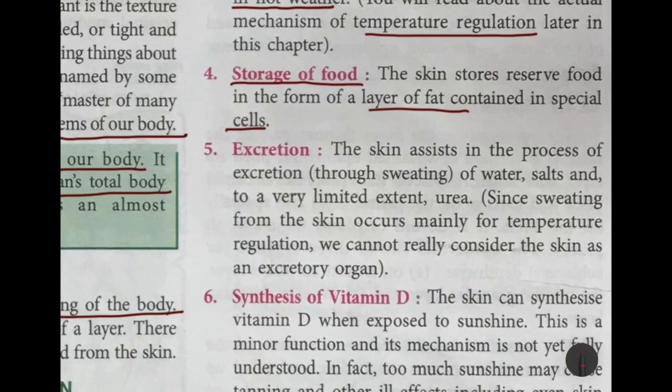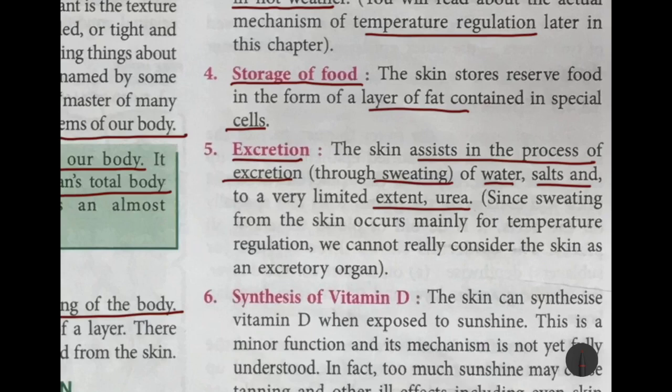And next is excretion. The skin also helps in the process of excretion through sweating. Okay, so when the body sweats, what comes out in water? Salts and to a very limited extent urea, very less. Now actually sweating, when does it take place? When it is very, very hot. So that is temperature regulation.